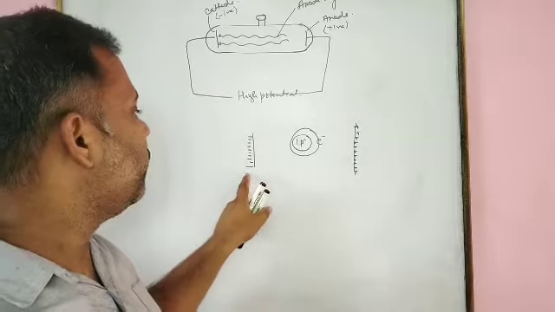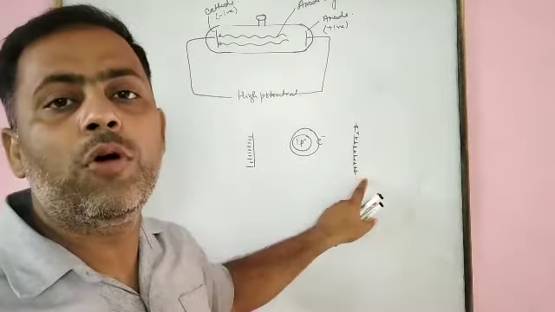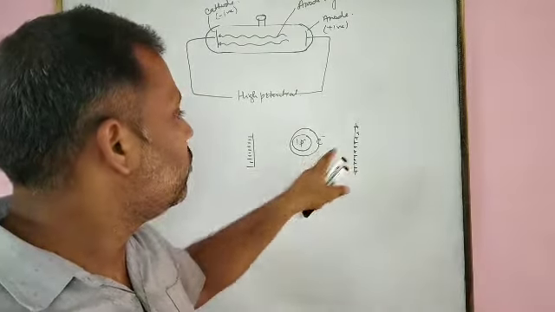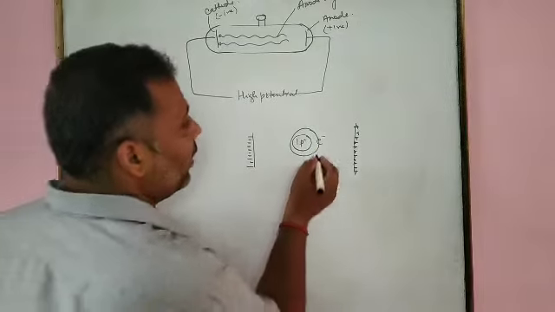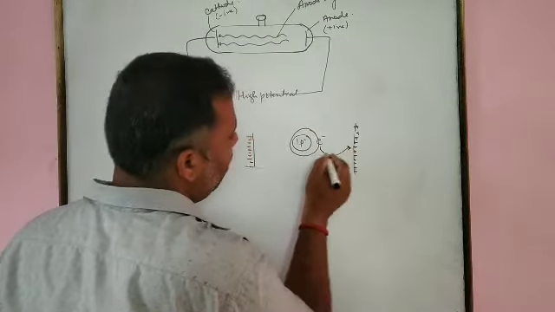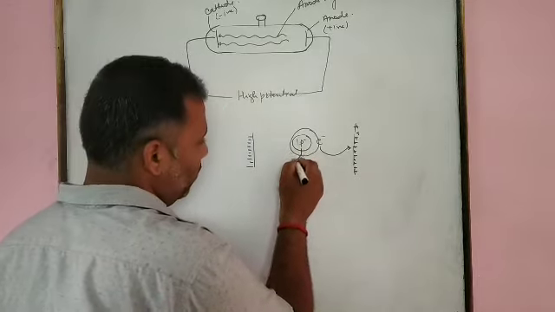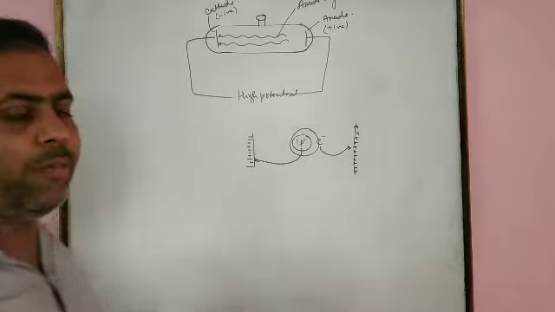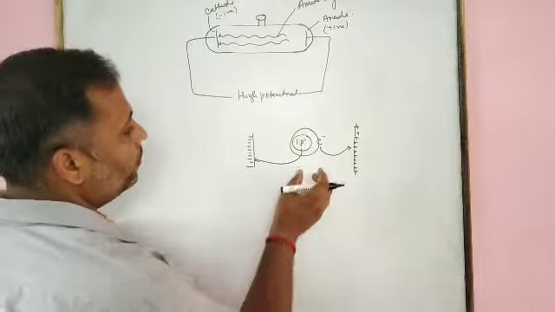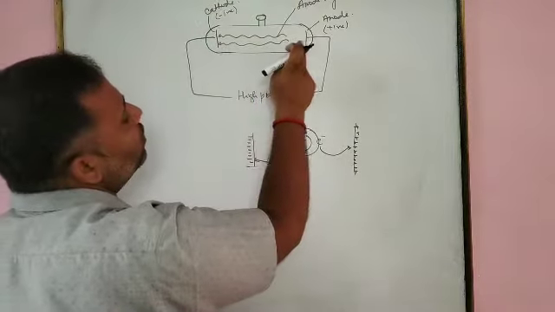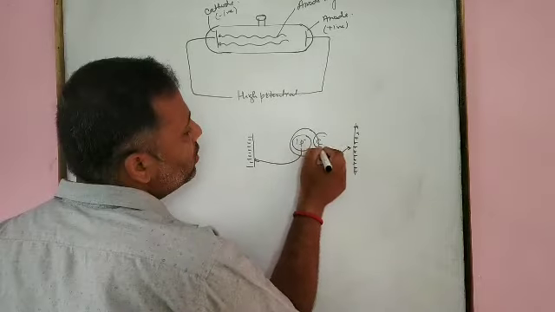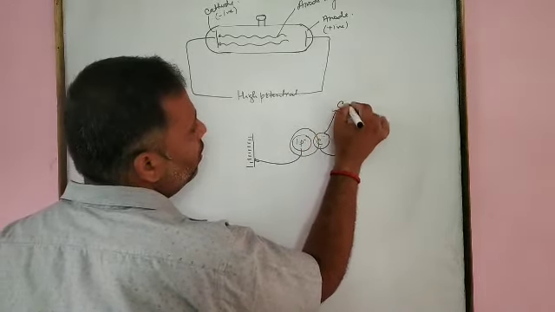That's why we have to apply more and more potential difference, so that the positive plate will attract the electron and the negative plate will pull the proton at the same time. We know in the previous experiment the cathode ray was moving, and the cathode ray consists of electrons.